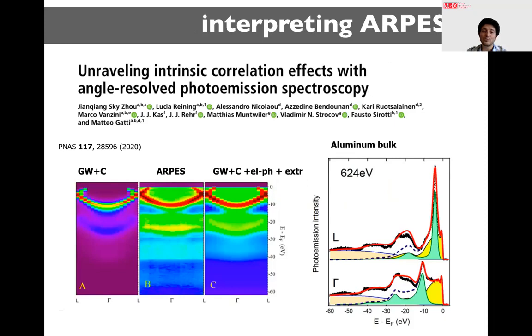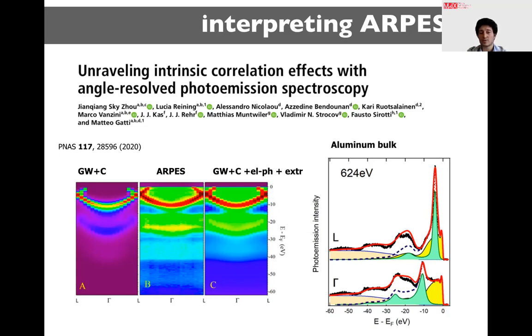And let me conclude with this work, a very recent nice paper about the simulation of photocurrent, where state-of-the-art results taken at the synchrotron for aluminum are compared with GW plus cumulant for what concerns some of the intrinsic aspects.